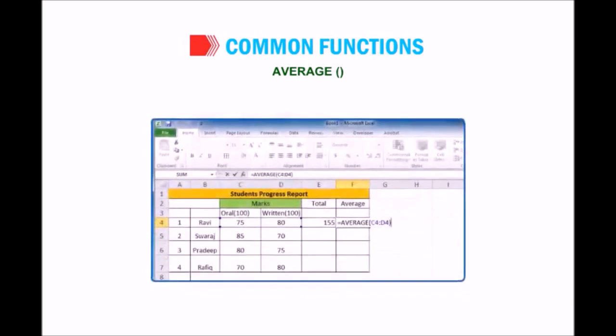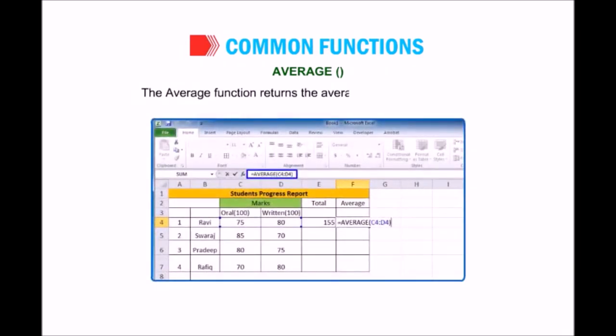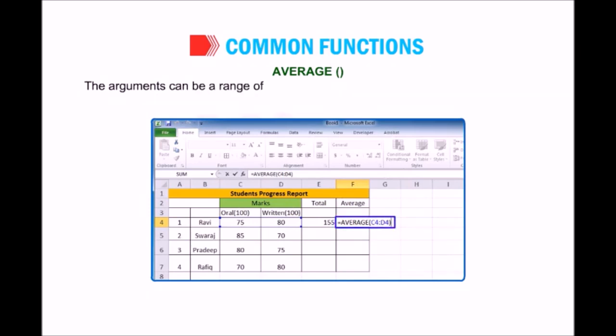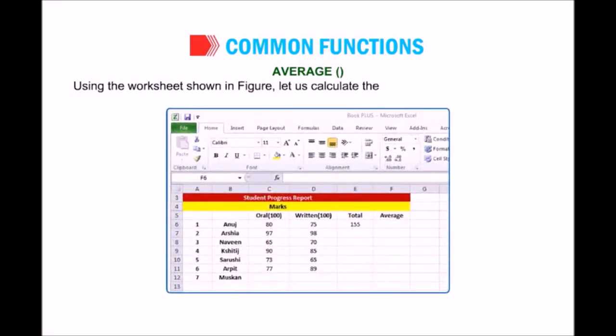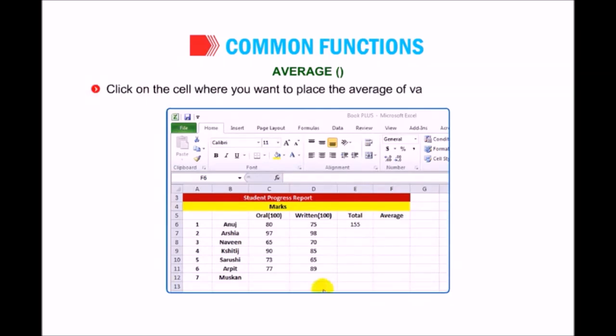AVERAGE. The AVERAGE function returns the average of the range values. The arguments can be a range of cells, simply numbers, or numbers along with cell references. Using the worksheet shown in the figure, let us calculate the average of marks obtained by Anuj. Click on the cell where you want to place the average of values, let us say F6.